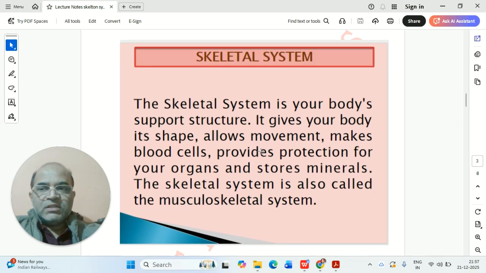So the skeleton system is your body's support structure. It gives your body its shape, allows movement, makes blood cells, provides protection for your organs, and stores minerals. The skeleton system is also called the musculoskeletal system.